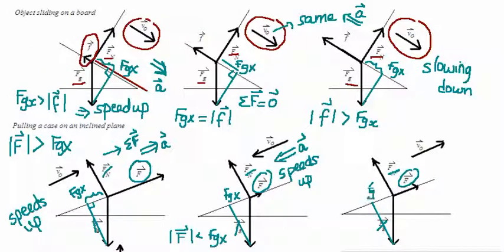And if I measure with the ruler, I can check that Fgx is the same as F. So in this case, the acceleration is 0 and the velocity stays the same.